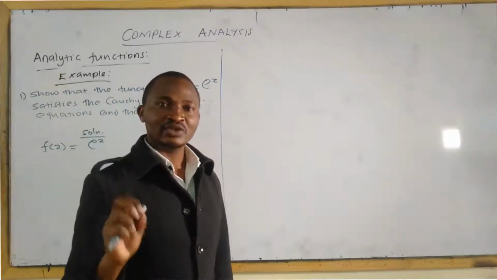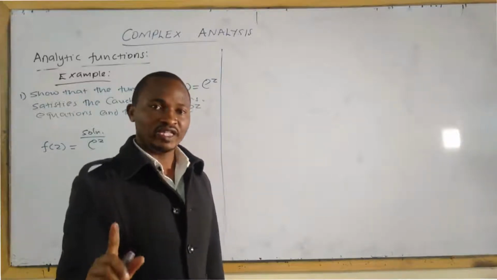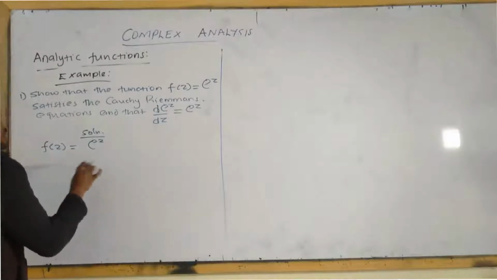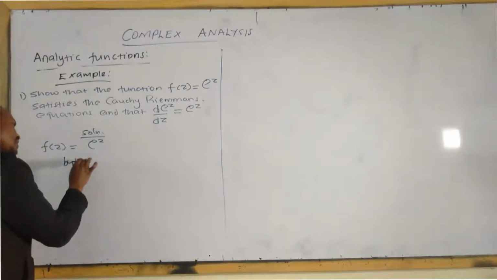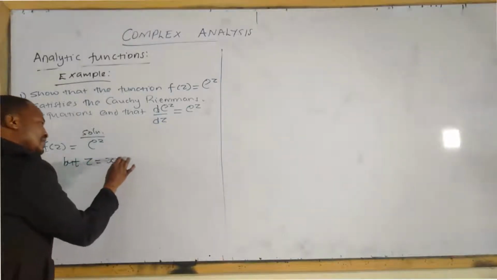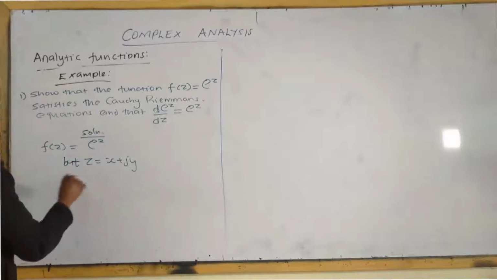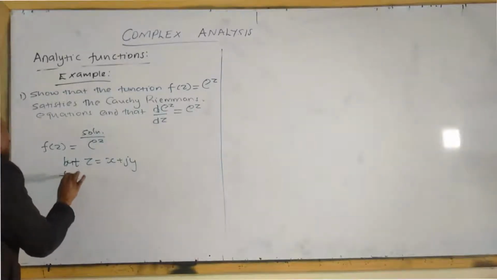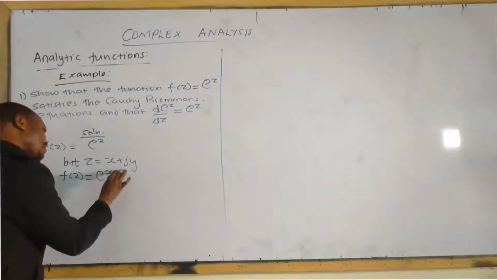And in that case, we must be able to get the value of u and the value of v. We can say that z is equal to x plus jy, because we already know the complex variable is expressed as such. So you can say the function is exponential of x plus jy.